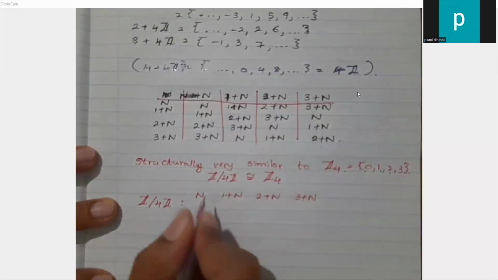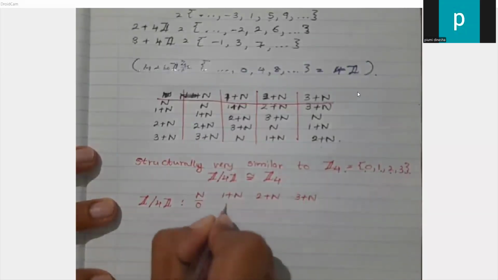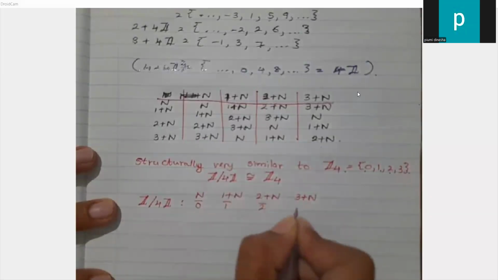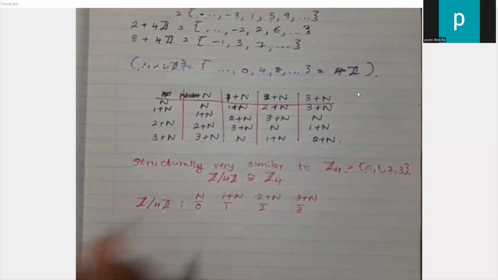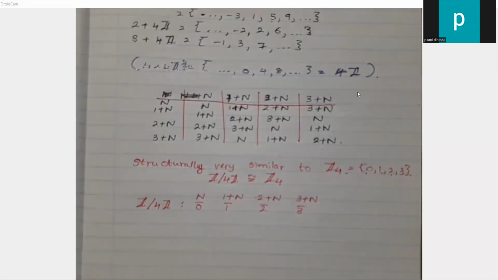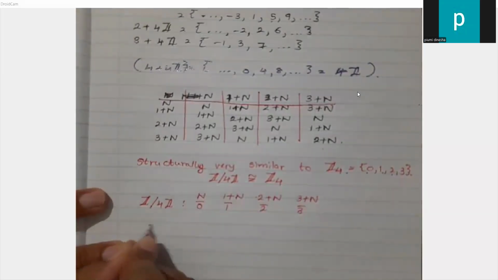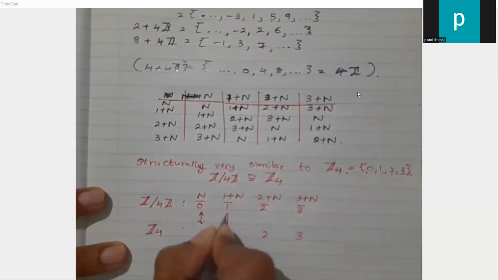If I denote n by 0 bar, 1 bar, 2 bar, 3 bar, simply because n is simply 0 plus n, right? Taking into account the representatives, I will represent each of these cosets by 0 bar, 1 bar, 2 bar, and 3 bar. And in Z4, we have the corresponding elements 0, 1, 2, 3. So it has this one-to-one correspondence.